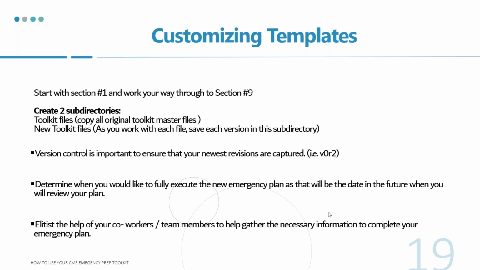However, whatever system works for you, it's important that before you start this process, you get your rules in order. Determine when you would like to fully execute the new emergency plan, as that will be the date in the future when you review your plan, either a year or 2 years from now. What I mean by that is, maybe it will take you a while to finish this process.